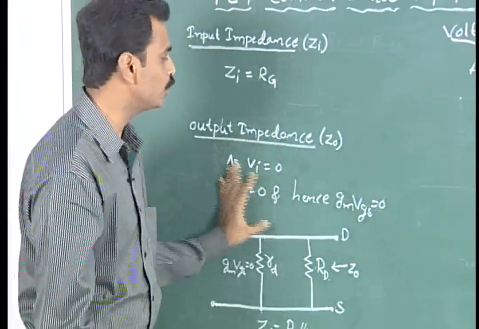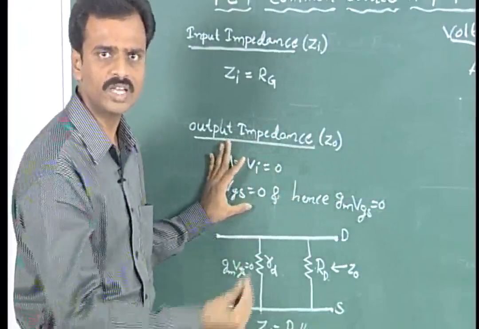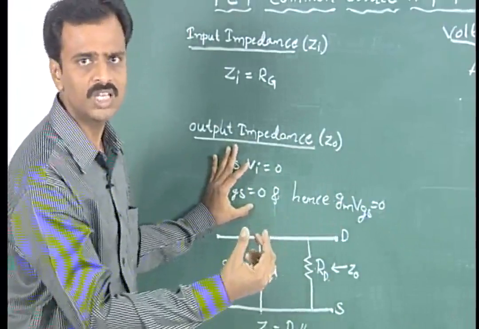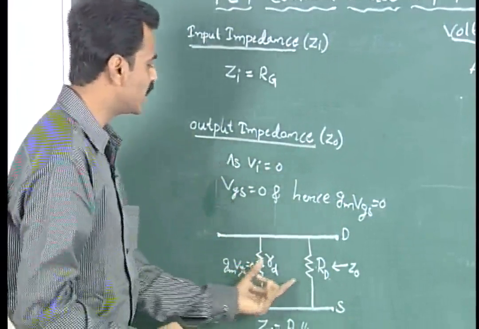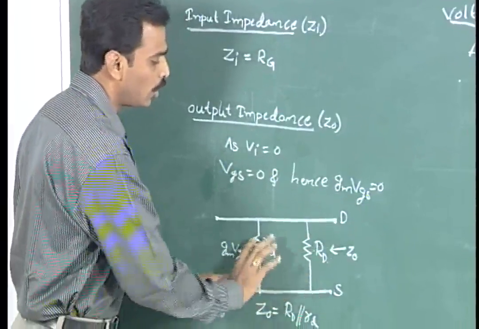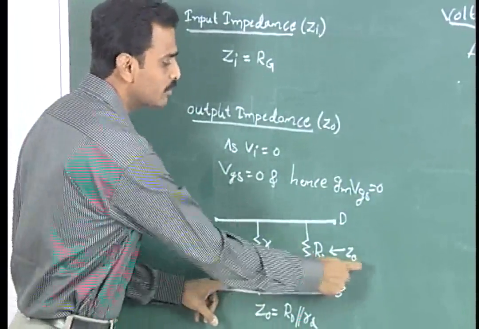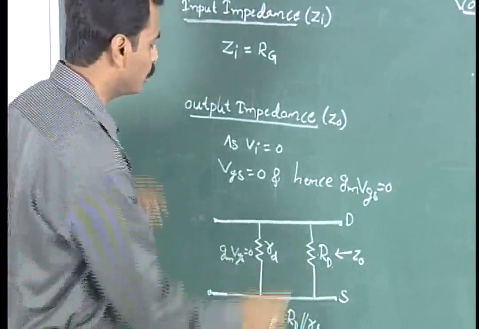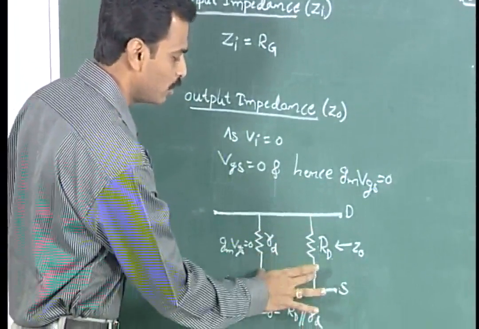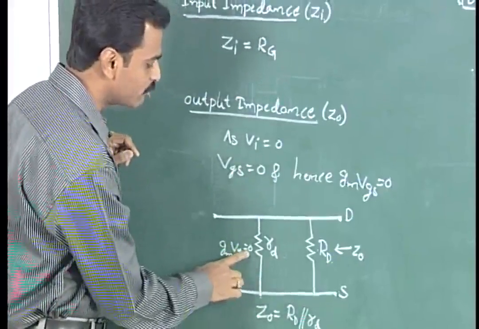So totally the input voltage source will be equal to 0, as we are looking from the output of the equivalent circuit to calculate the output impedance. Looking from the output side, for Z0 only two resistances are available right now, as gm VGS will be equal to 0.